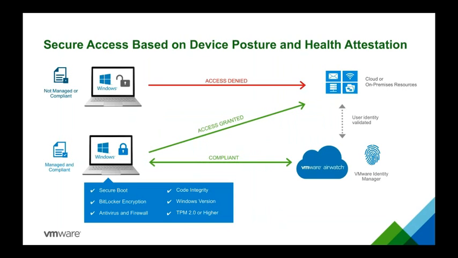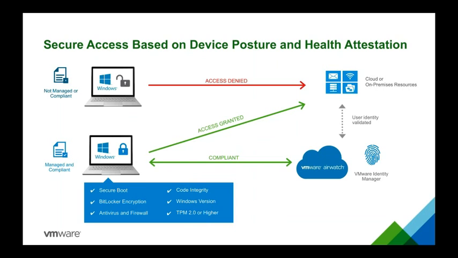And also for non-compliant devices, when a non-compliant device comes in and tries to access an application through that single pane of glass, we're able to validate their identity, and if that device is compliant, or we can enroll the device and make it compliant, therefore allowing them access, or we can deny them access.